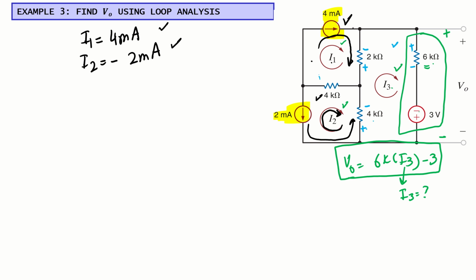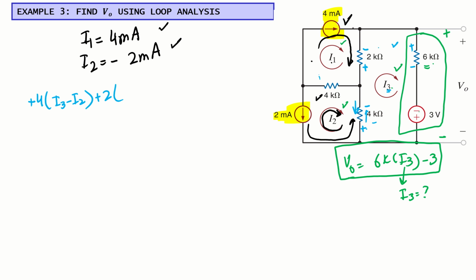Let's start from here, across 4 kilo. The voltage drop here will be plus 4 times the current. What are the currents flowing through this one? One current is I3, and the other one is I2. So that will be I3 minus I2. Again I am not putting K because we will divide at the end and that will be milliampere, because all resistors are in K. Then the voltage drop here is plus 2 times, again what will be the current here?